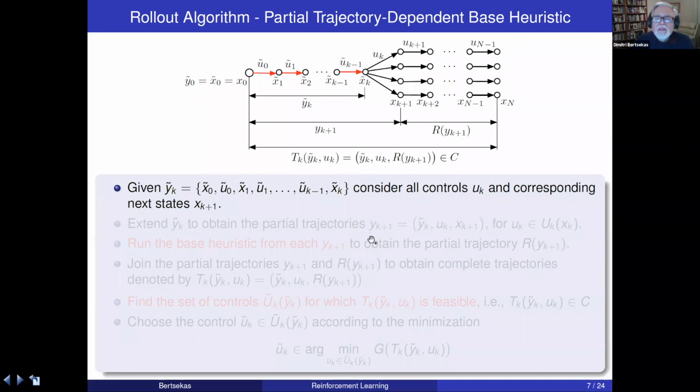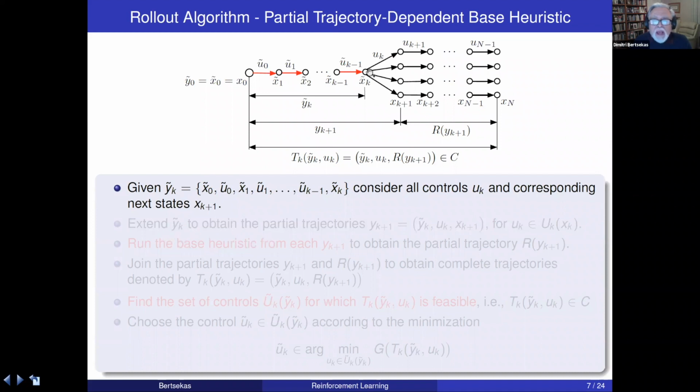And here is the algorithm. We start at the initial state, and we keep adding controls and states up to the point where we get to x tilde k, the kth stage. Then we have generated this partial trajectory, this y tilde k.